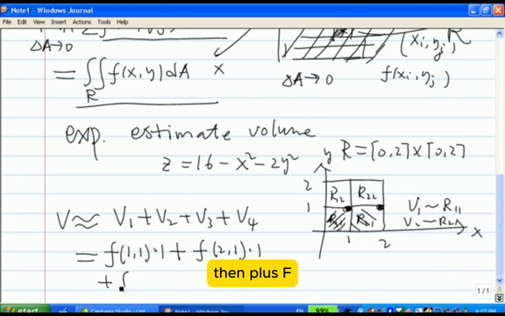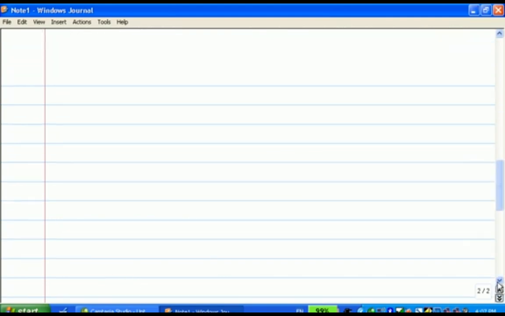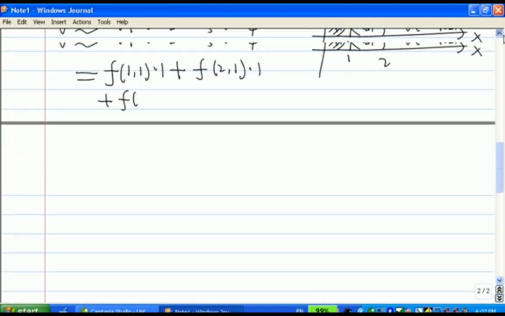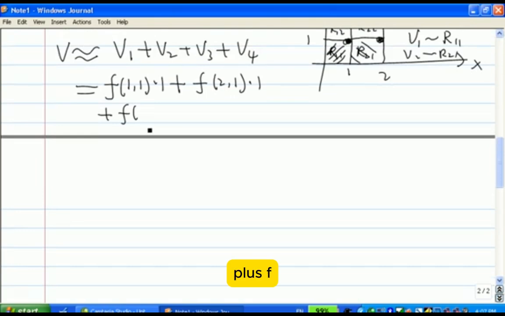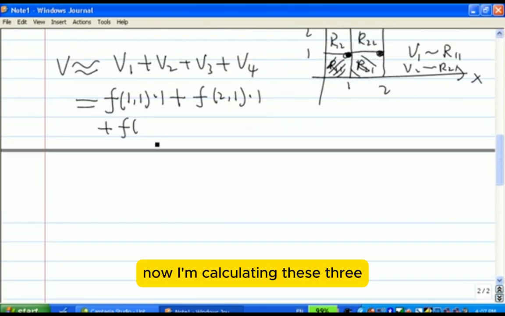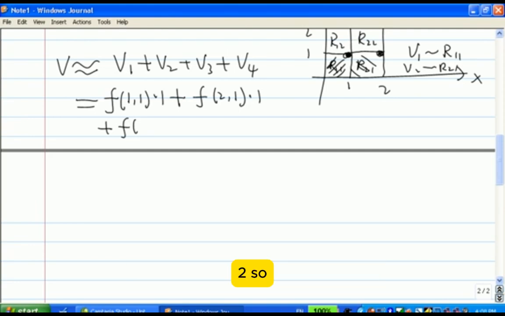Then plus V3, the rectangular box above R12.